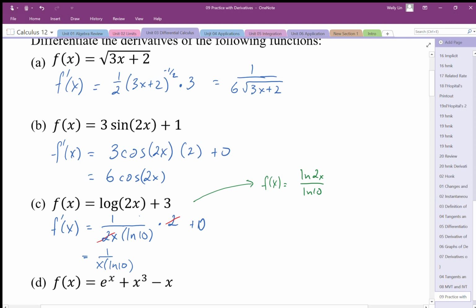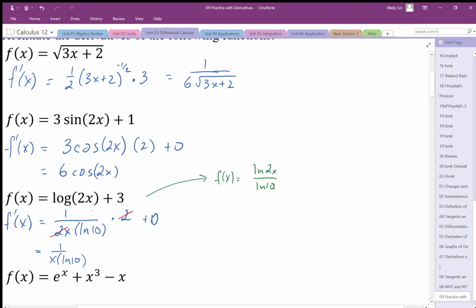The other part was, why did this times 2 end up canceling out? Well, the reason why that cancels out is because if we think of log 2x, we can write this as log x plus log 2 all over log 10. I'll just write that as 2 separate fractions here.